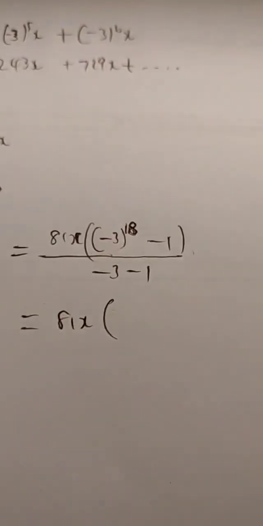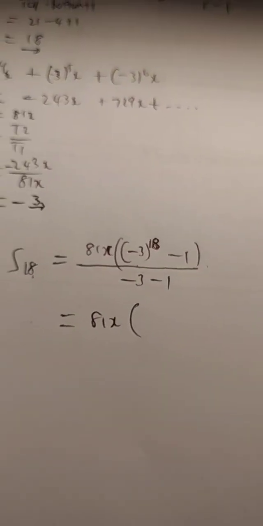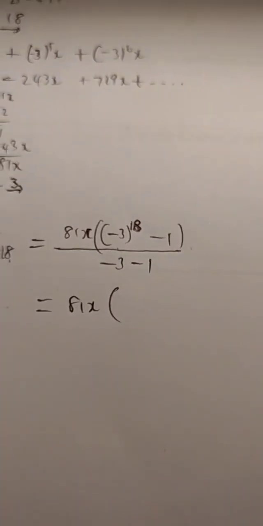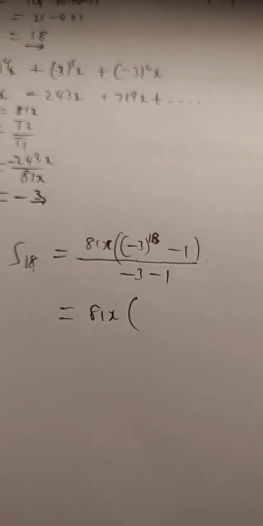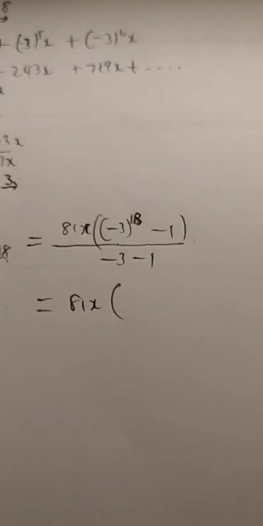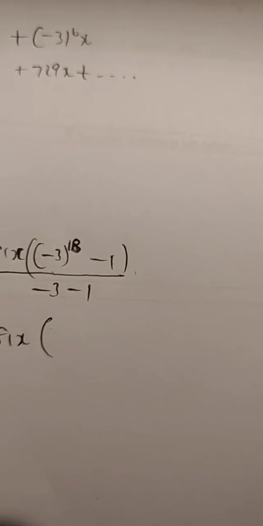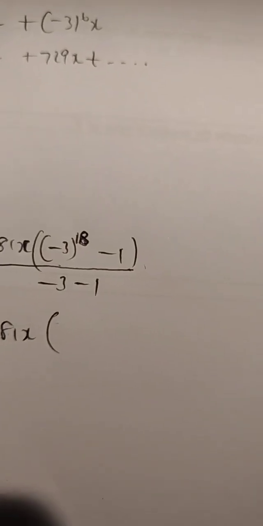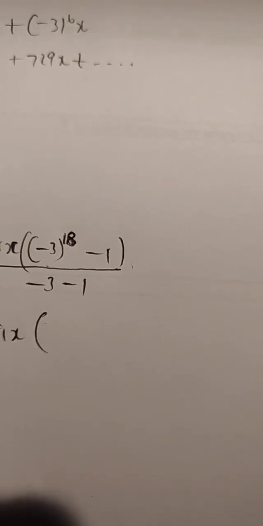I made a mistake. Negative 3 minus 1 is 4. It's still long. It's not scientific. I cannot call this number. It doesn't have a times 10 to the power something.